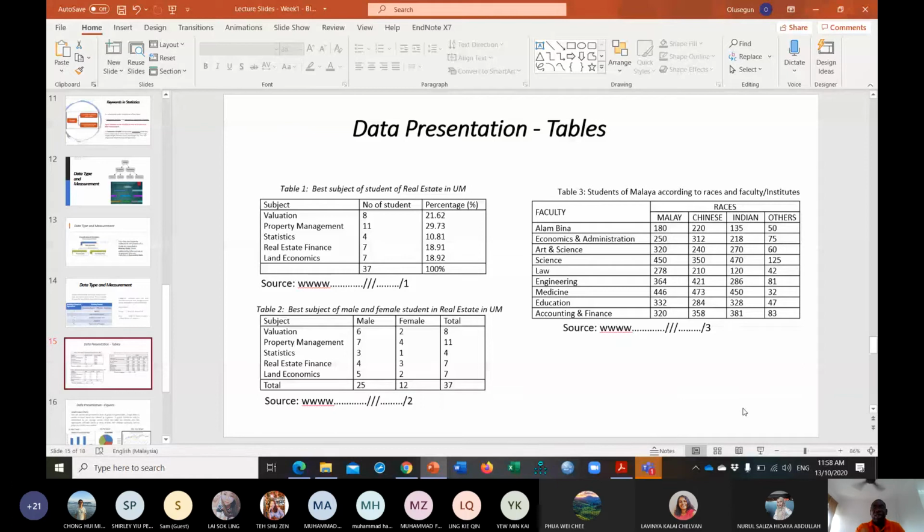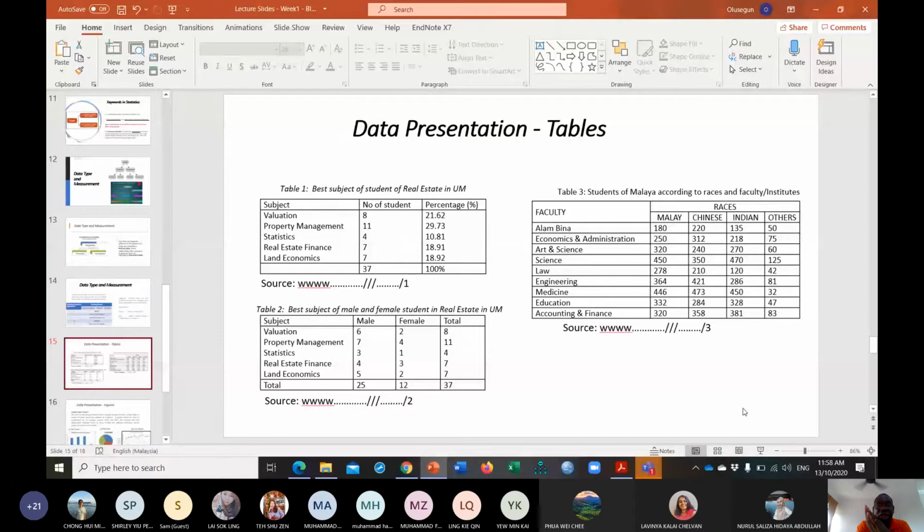So with this representation, you will see that the highest number by frequency is property management. That means 11 out of 37 say they love property management.